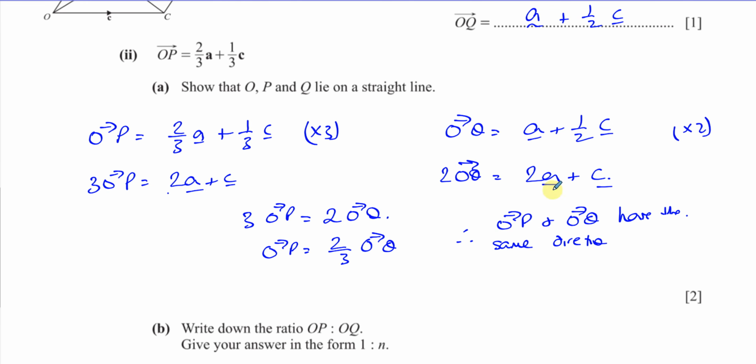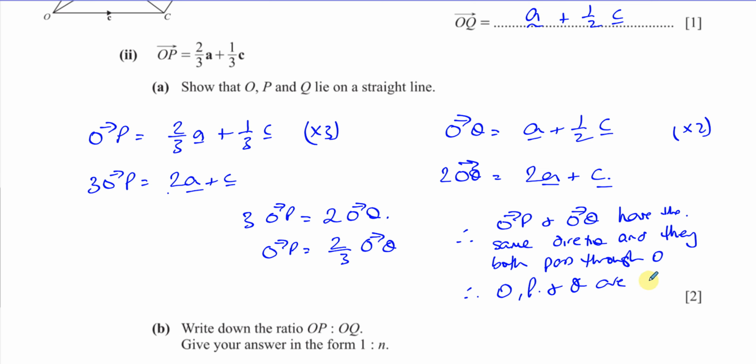They have the same direction and they both pass through O. Therefore, O, P, and Q are collinear. That's what collinear means. Collinear means they share the same line. They lie on a straight line. So I could say O, P, and Q lie on a straight line, or just use the word collinear for short. So that's how we can prove it.